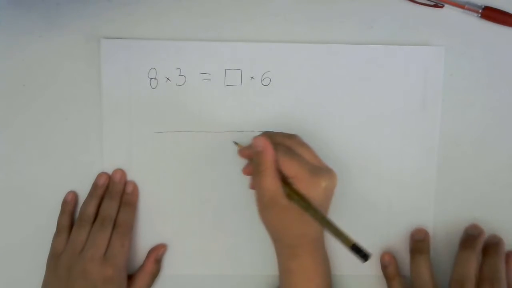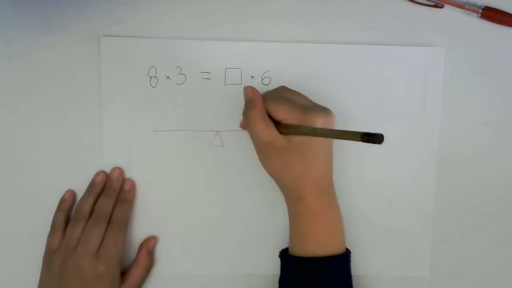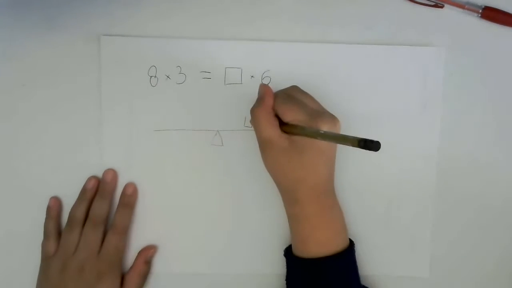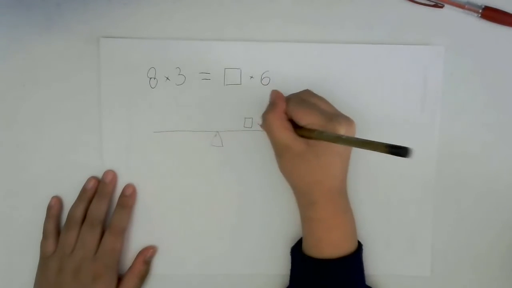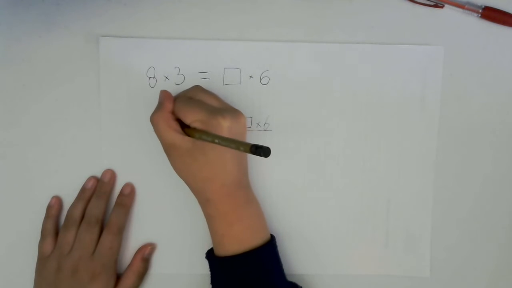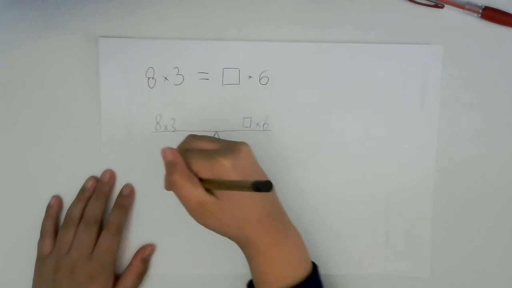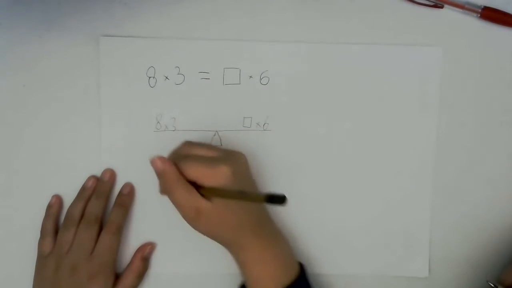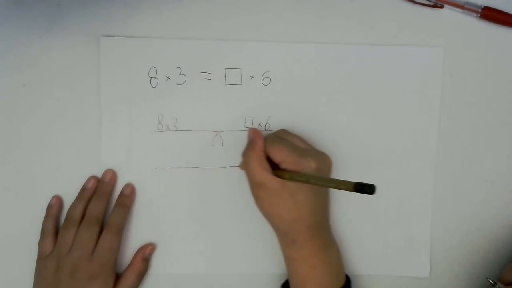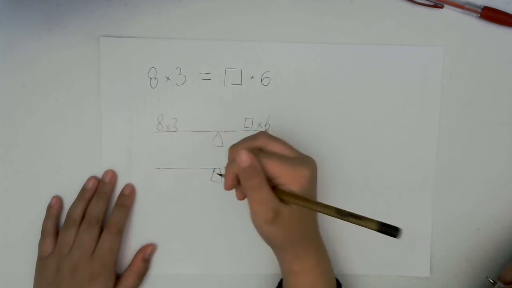Okay, so you are making a seesaw, very good. And then what's next? Okay, you put the number. And then we start to calculate the value.